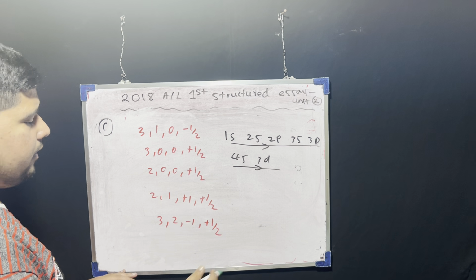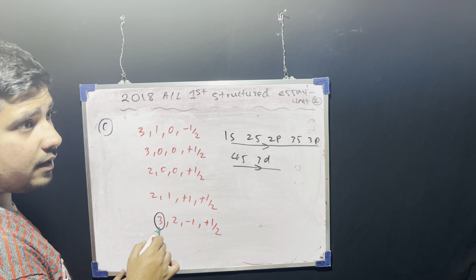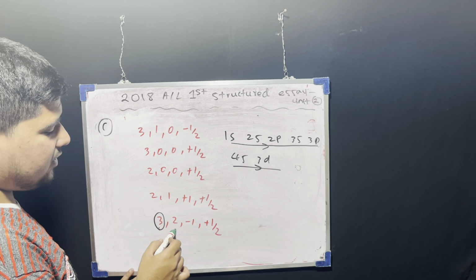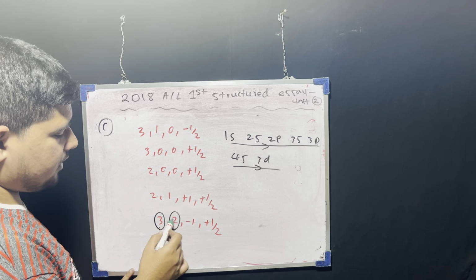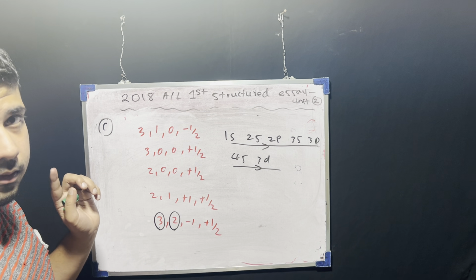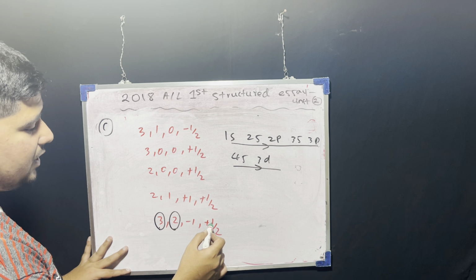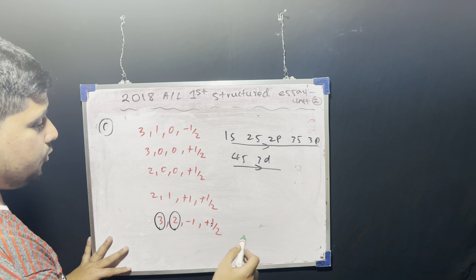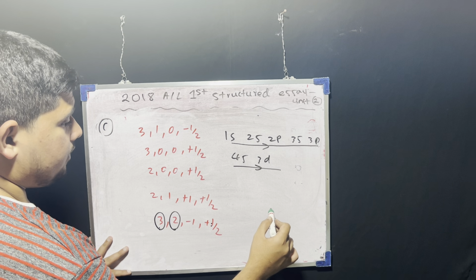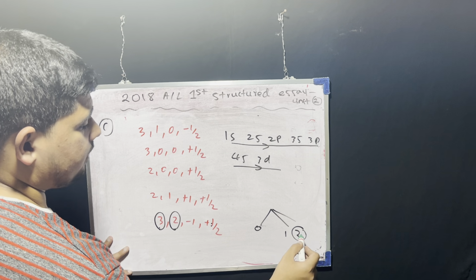So you see here, if I check this one, third principal energy level, second subshell. This plus half electron is distributed in 3, meaning 0 1 2, d, right?